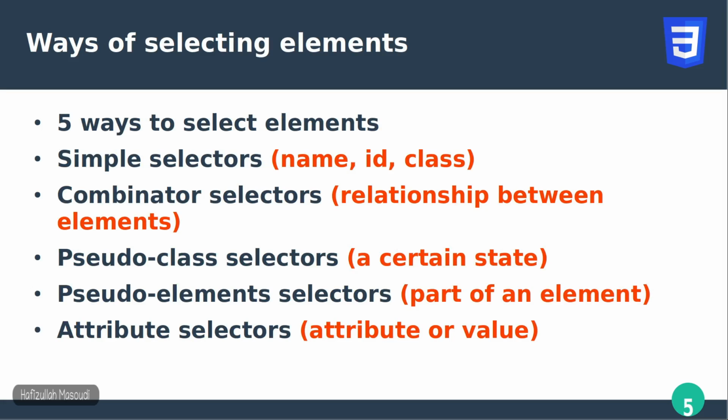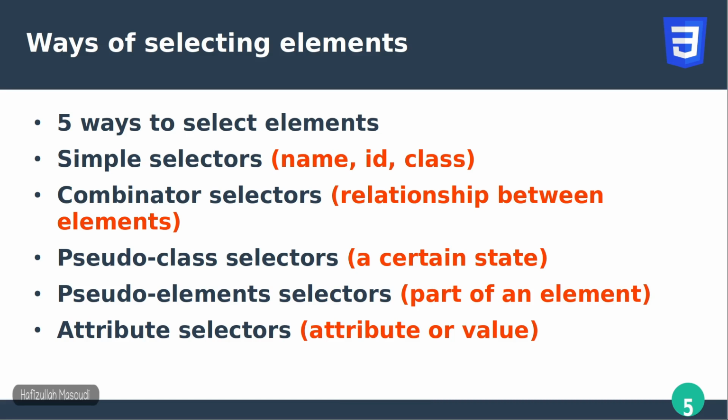Now we can select an HTML element in 5 ways. So we can have simple selectors, which is selecting based on name, ID or a class, and the second type is combinator selectors, which means selecting elements based on a specific relationship between them. And the third one is pseudo class selectors, which is selecting elements based on a certain state.